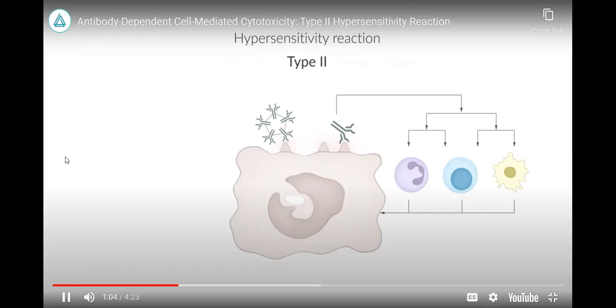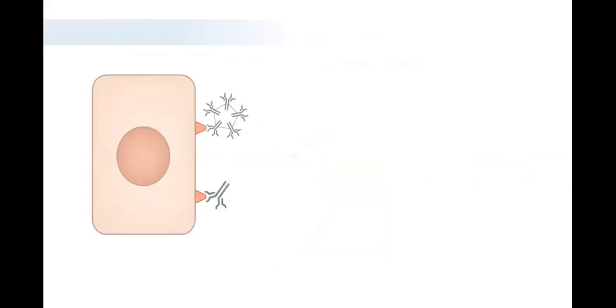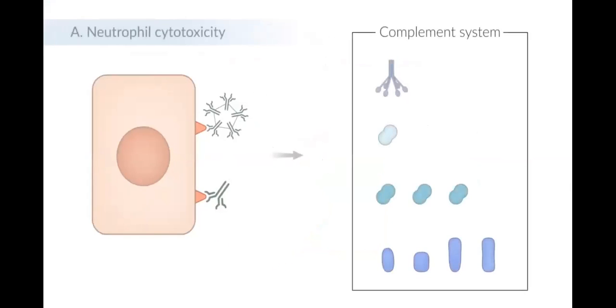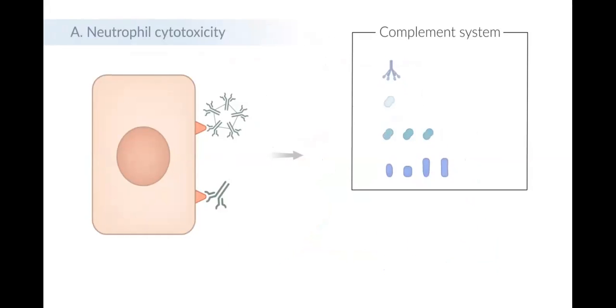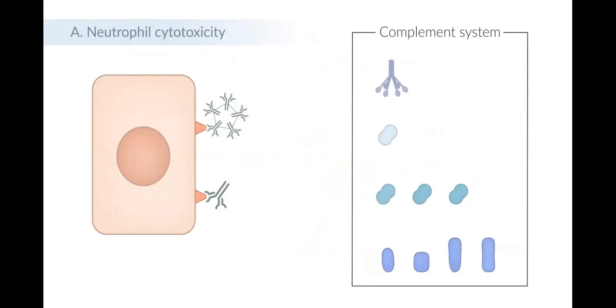Let's take a more detailed look at the mechanisms involved. Antibody binding to the antigen primarily activates the complement system. This system comprises specific plasma proteins that act as a cascade, mediating further activation of immune cells and heightening the intensity of the response. The complement cascade is triggered by a complement protein that binds to the antigen-antibody complex on the cell. This leads to the activation of further complement proteins through cleavage of small fragments.